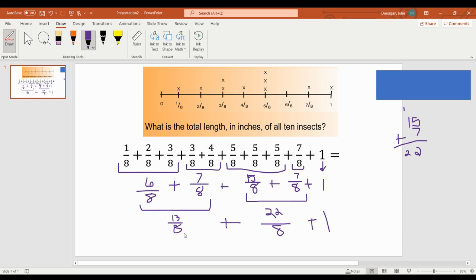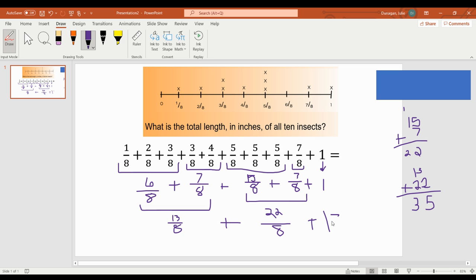I'm not done yet. I still need to add these two fractions. I'm going to have to add 13 plus 22. We're going to do that again over here. I'm going to make myself a little note so that I don't make an error that I could avoid. Okay, so 3 plus 2 is 5. 1 plus 2 is 3.